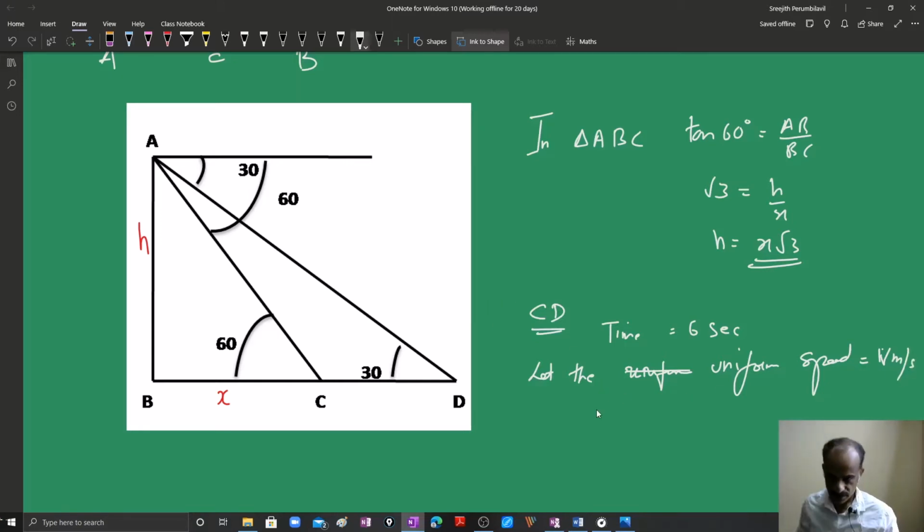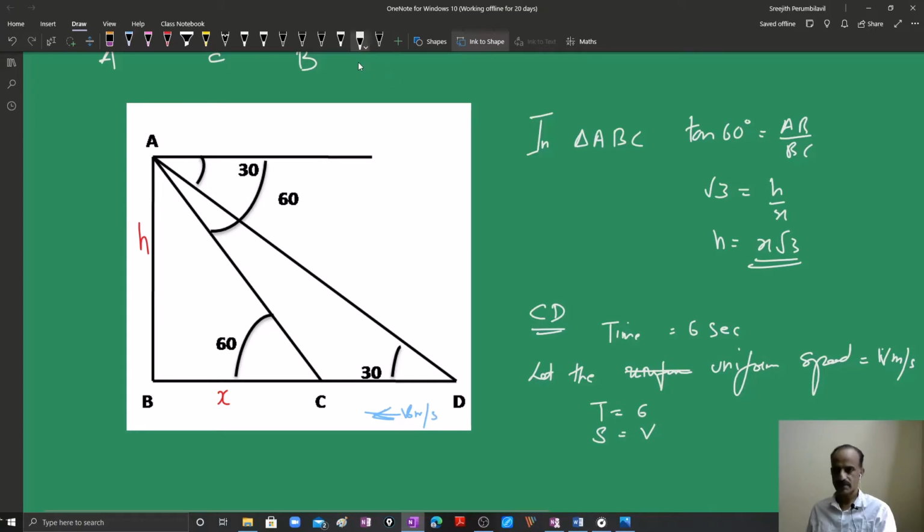So we have time equal to 6 seconds and the speed at which the car is moving equal to V meters per second.